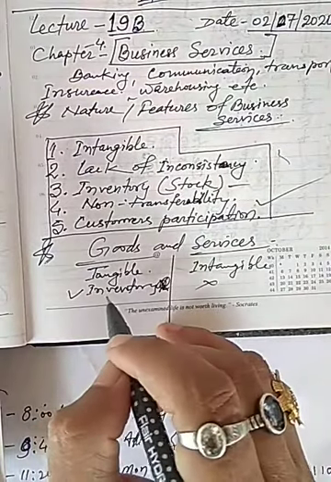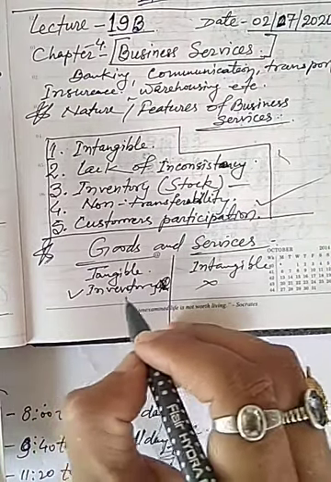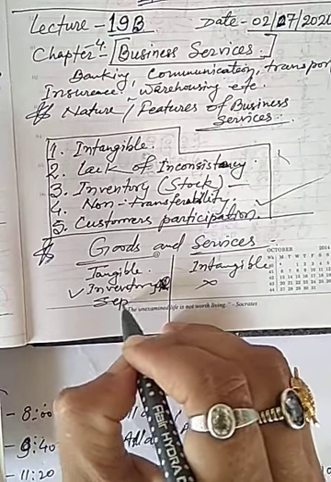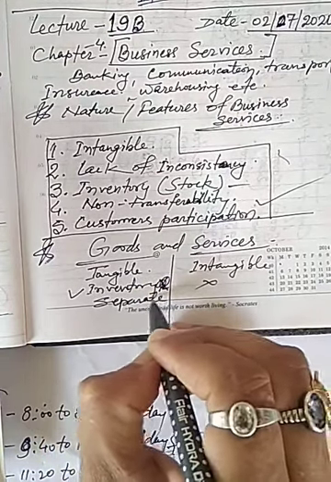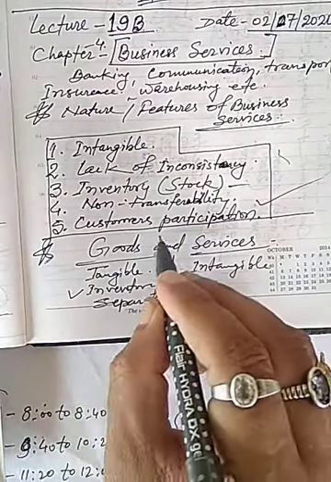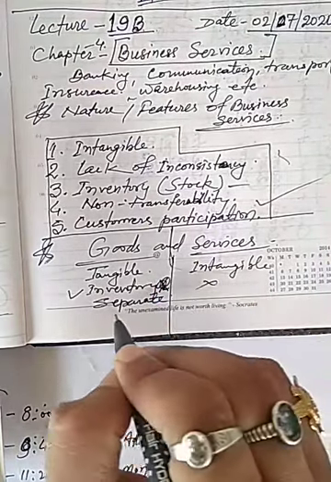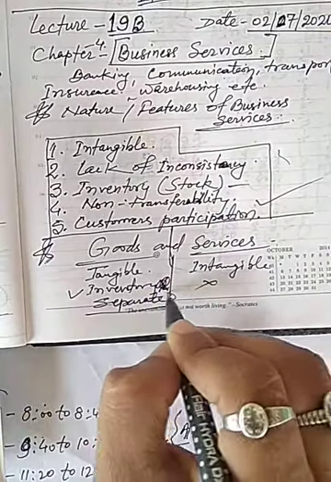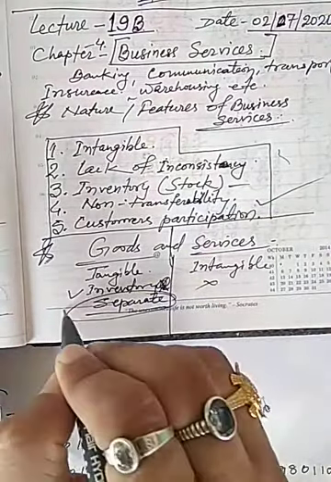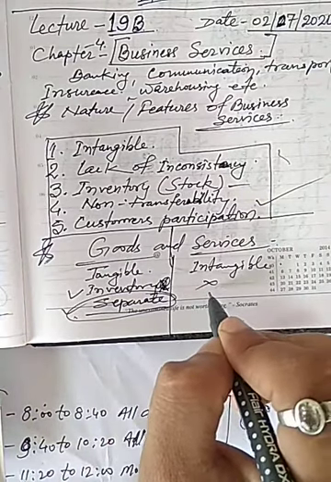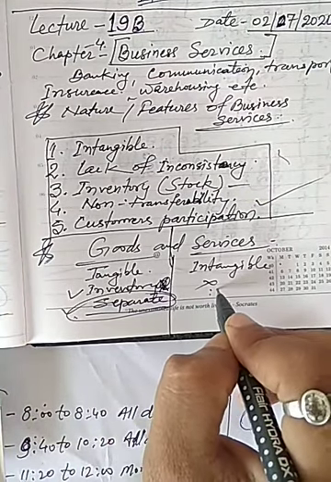Third point is separable. Goods can be separate from their owner, but services cannot be separate from their providers.